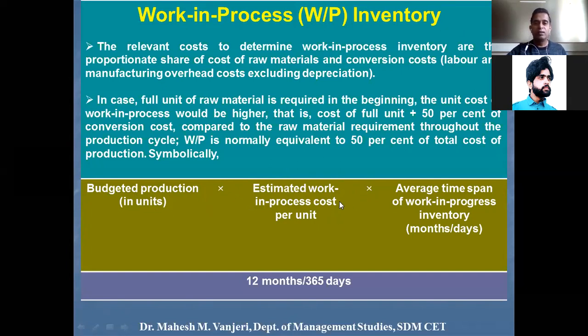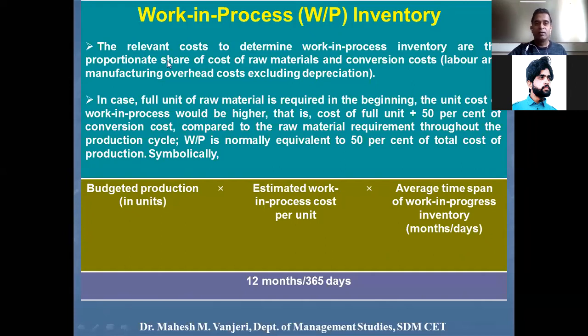Again in the first problem, this working capital required to finance work in process inventory is also readily given. But in the remaining problems you need to calculate it, so you should remember. Then the relevant costs to determine work in process inventory are the proportionate share of cost of raw materials. I repeat the words here, proportionate share.